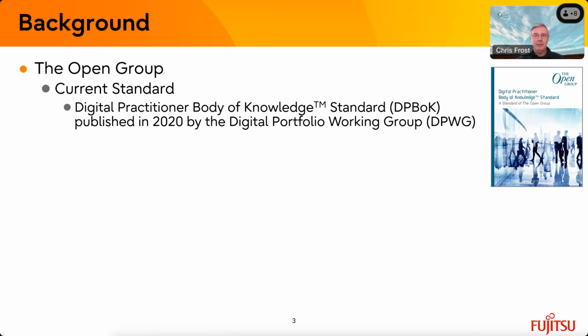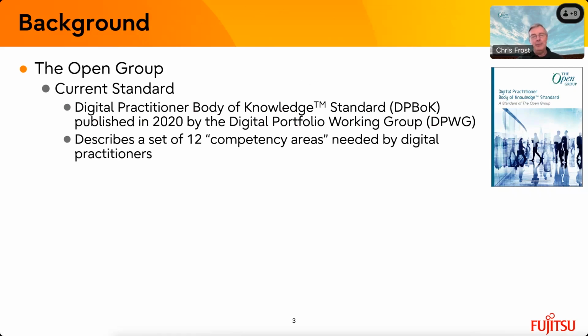And that was published in 2020 by this working group, the Digital Portfolio Working Group. And essentially, it describes a set of 12 competency areas, as they're called, essentially high-level skill definitions, competency areas that are needed by digital practitioners.